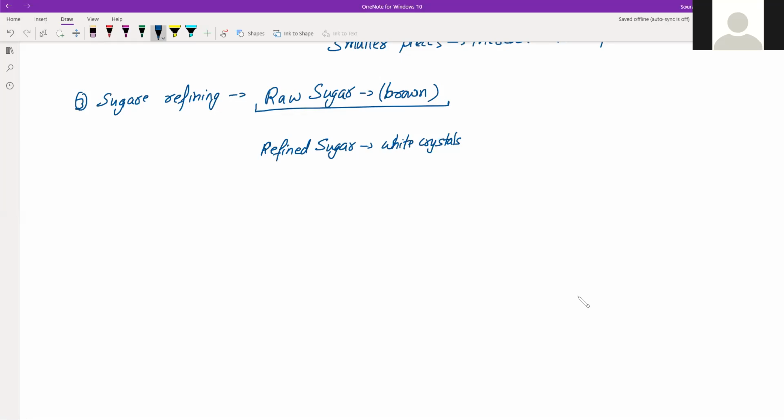Now, in order to refine it, this raw sugar is made to pass over animal charcoal. Again, the same animal charcoal which we have seen earlier in the first experiment.